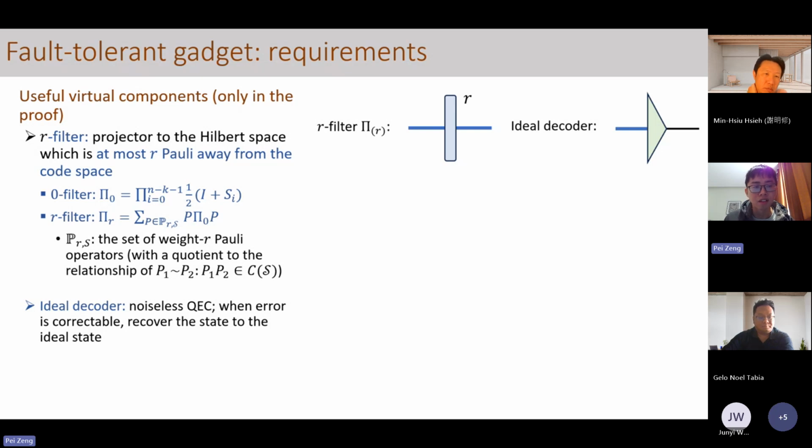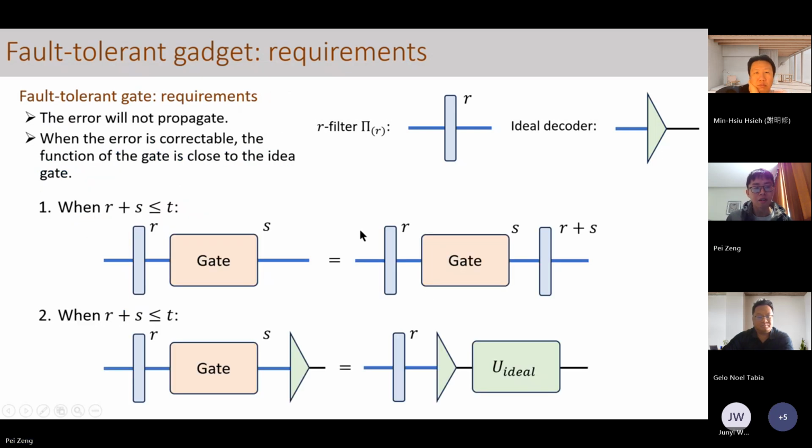Here I will take the gates as an example. A fault-tolerant gate is defined by two requirements. The first one: suppose you have at most R errors in the input, and S errors happen in the circuit.